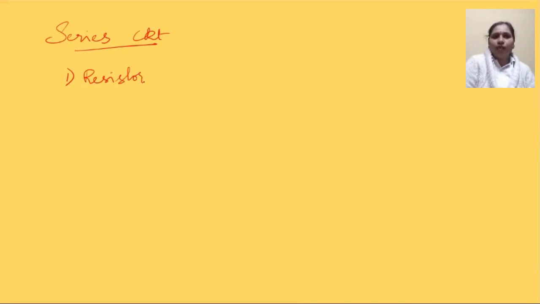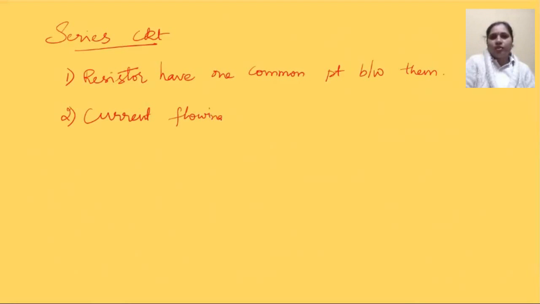The points you have to note for a series circuit: first, the resistors have one common point between them. Second, the current flowing in all the resistors is the same.